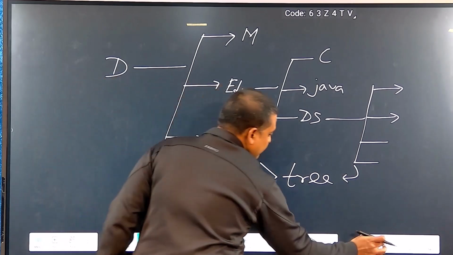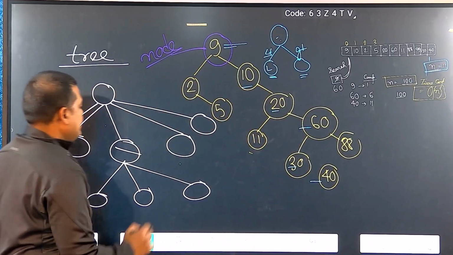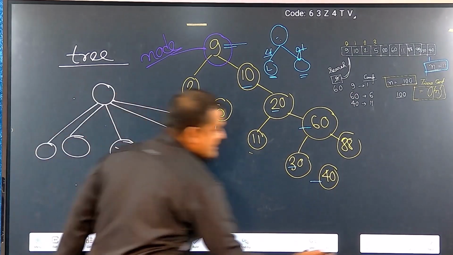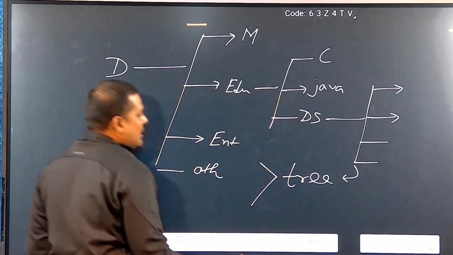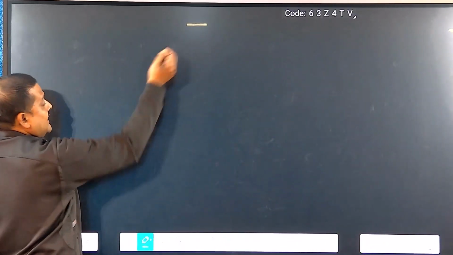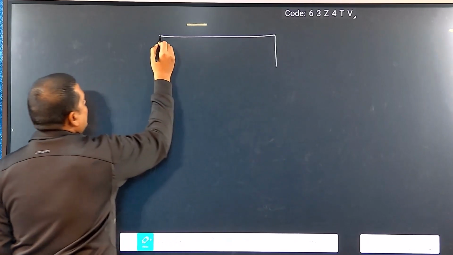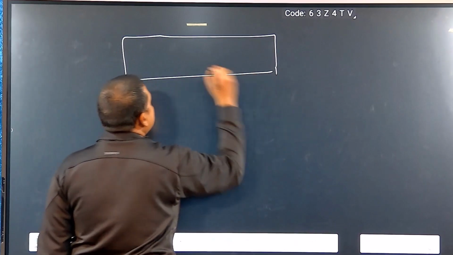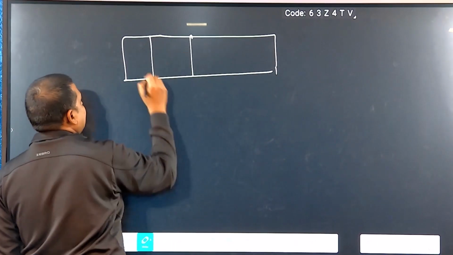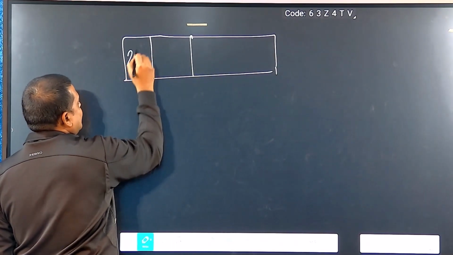If the tree can have multiple nodes, then this is nothing but a larger version of our doubly linked list. Say, for example, this is a node, and this node can have some value, say 20.